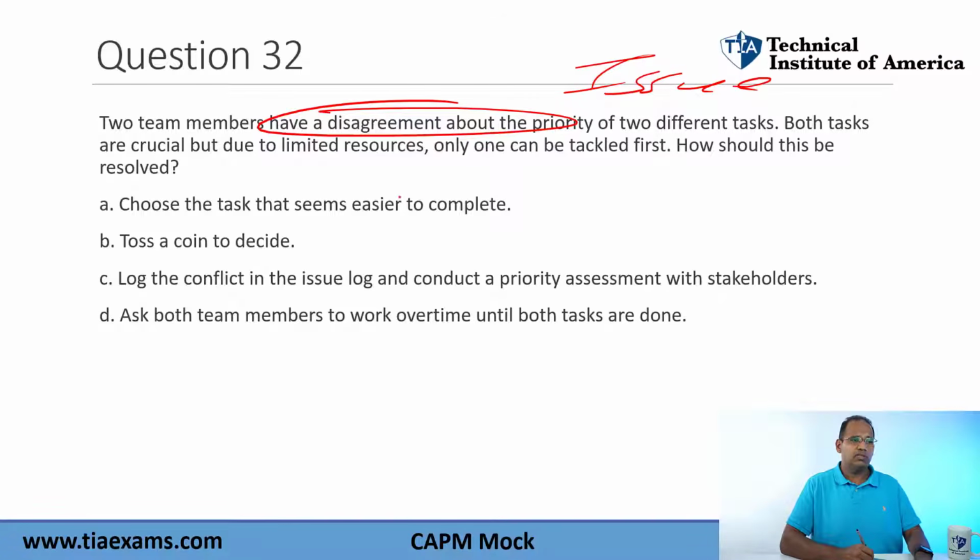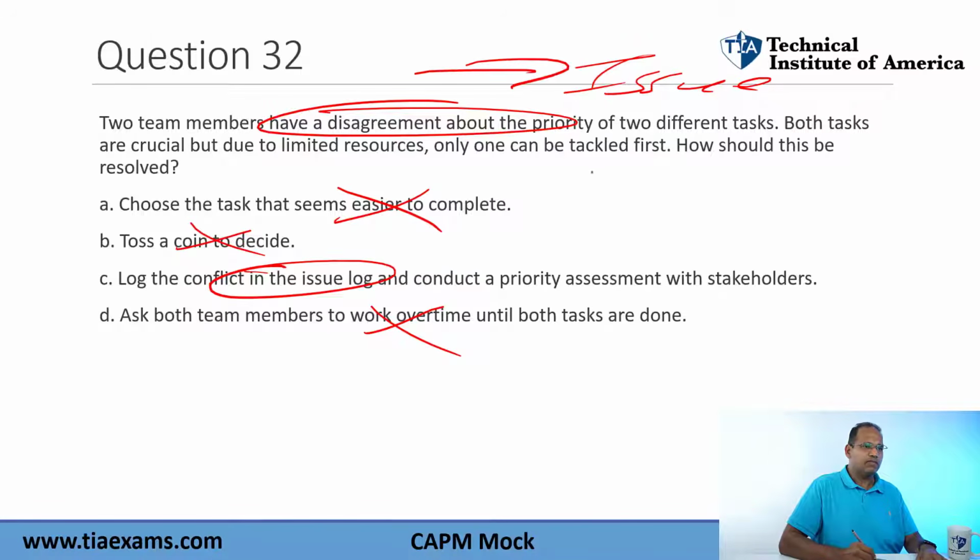Choose a task that seems easier. You never do that because you don't know which one is right. Toss a coin. You probably should have got that one. You're never going to do that in a project. Never ask people to work overtime. Asking people to work overtime is unsustainable and it's a negative thing. Log it. Yes, when there is an issue, the first thing you have to do is put it in the issue log.